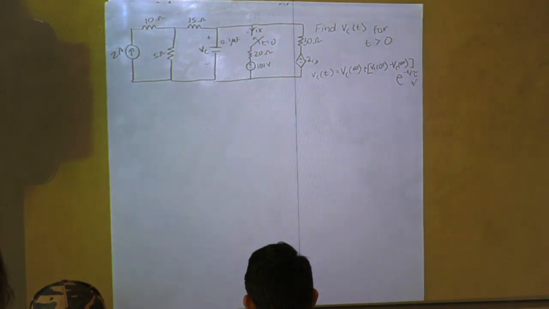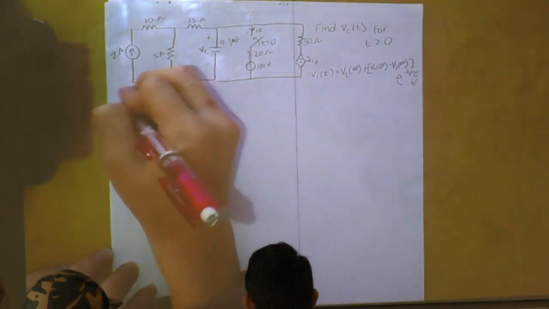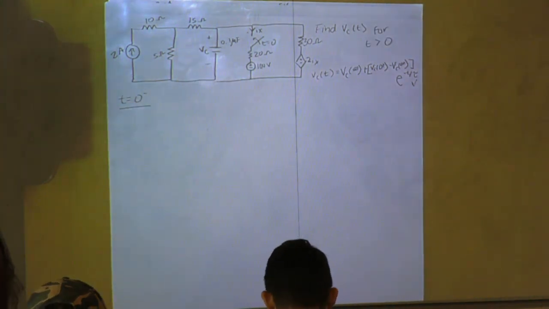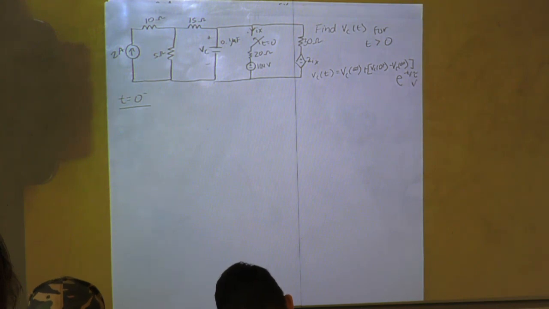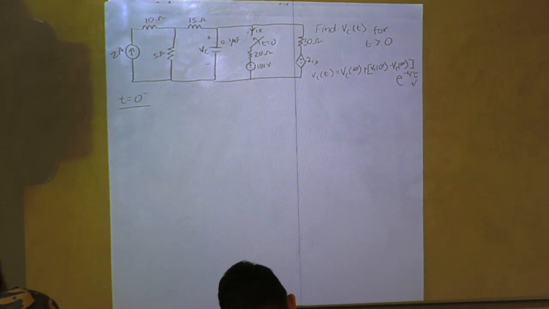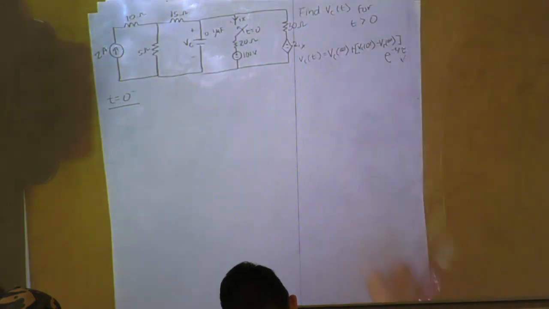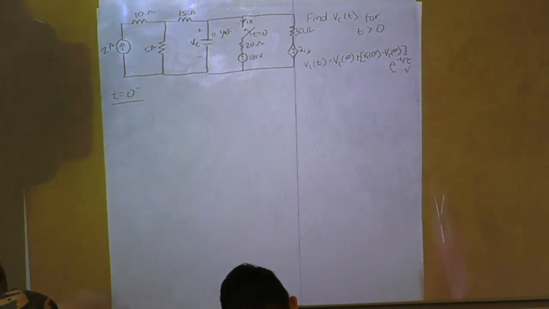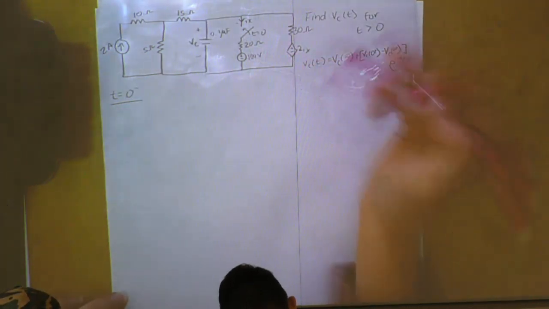So the first thing we can do, we'll find our circuit at 0 minus. Find our VC at the circuit where t is 0 minus. So at 0, the switch is still going to be open. So that means there's going to be no current coming through this 20 ohm.